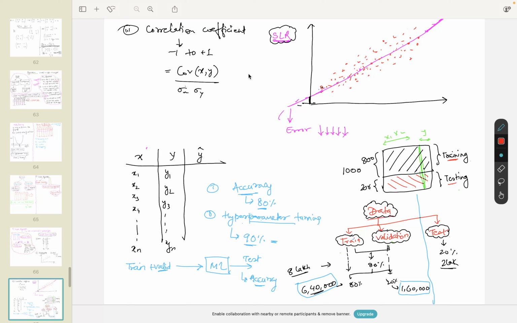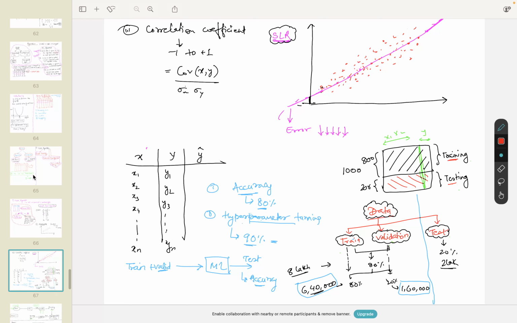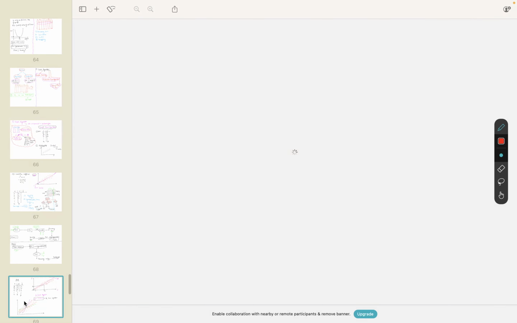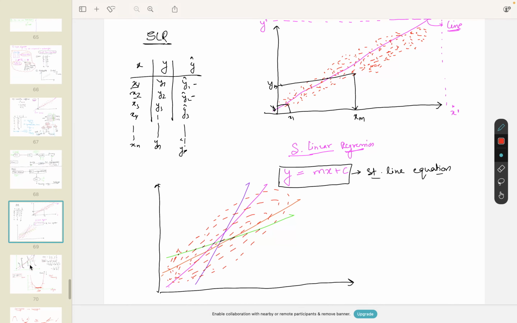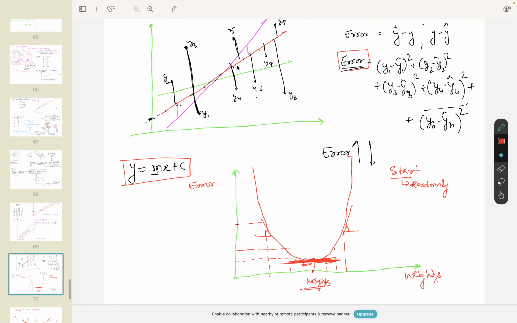Why? Because if you directly take only actual minus predicted, then for different values sometimes it will be plus, sometimes it will be minus, and eventually it will reduce the efficacy of the total error, right? So to capture the error of each and every data point, we take the square.